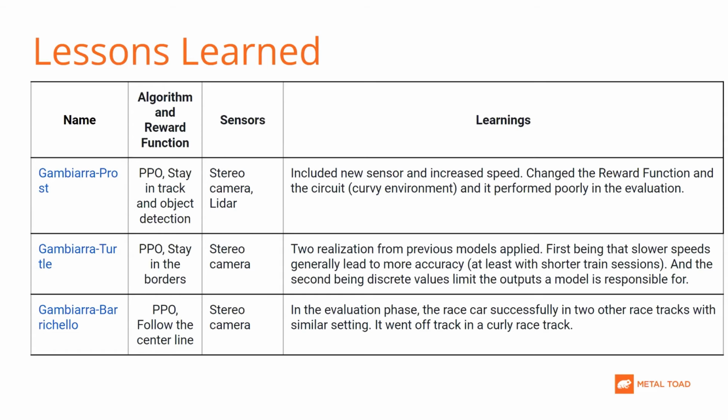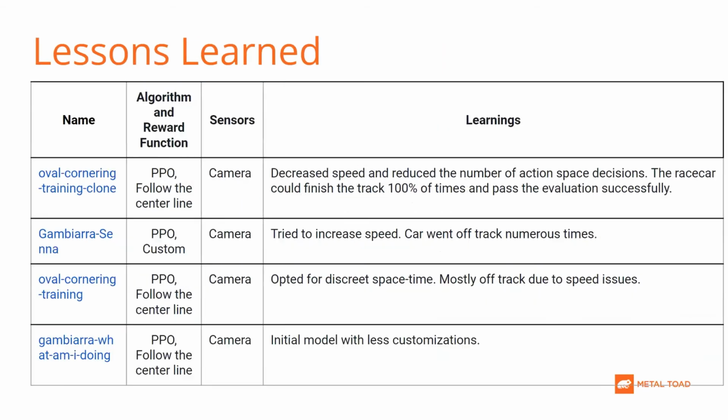Can you go back, David? I think it was, yeah, Overall Cornering Training Clone. That was the one that stayed on track all the time, even in the earlier phases of the learning. And we used that model to participate. You can click, David.